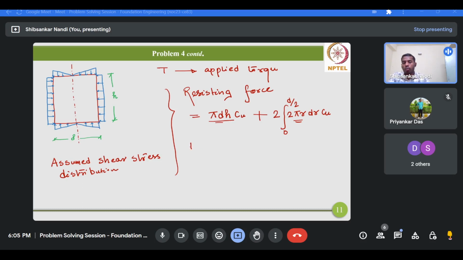Okay, so now I will determine the resisting moment about the center.